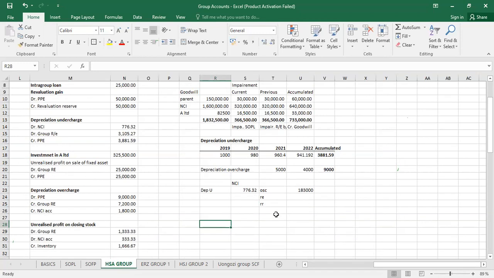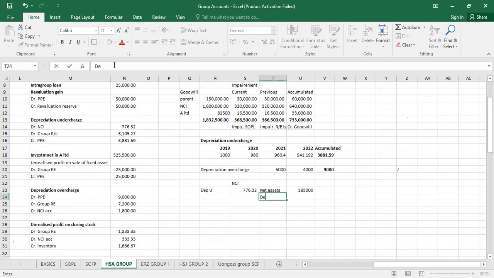Depreciation overcharge, you credit, so on this side. These two are here. You can call these ones net assets, because they include the retained profit and the revaluation.